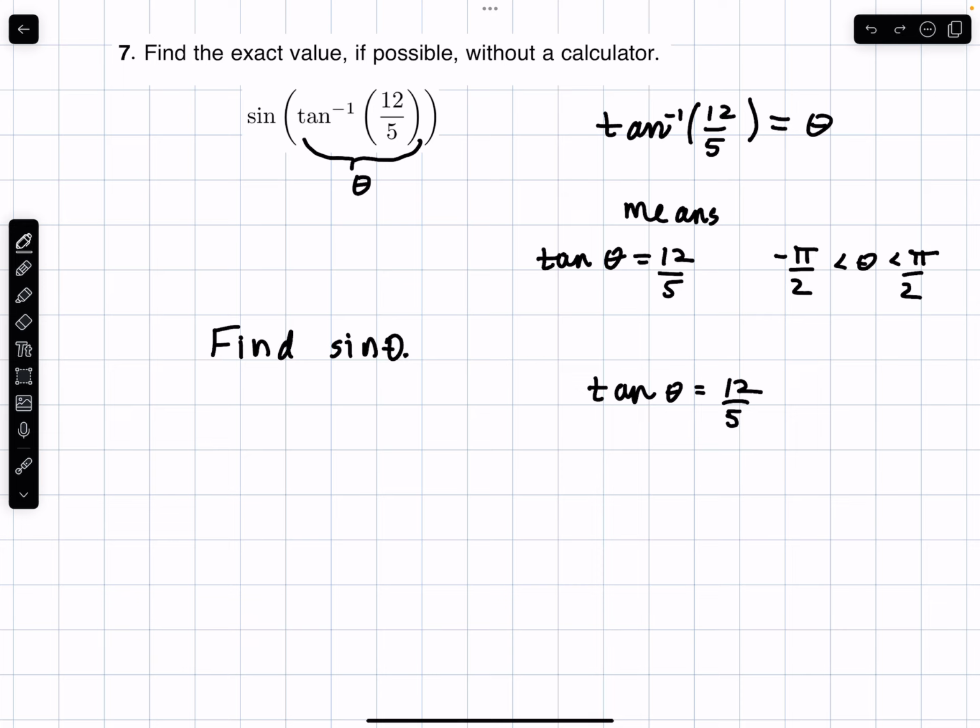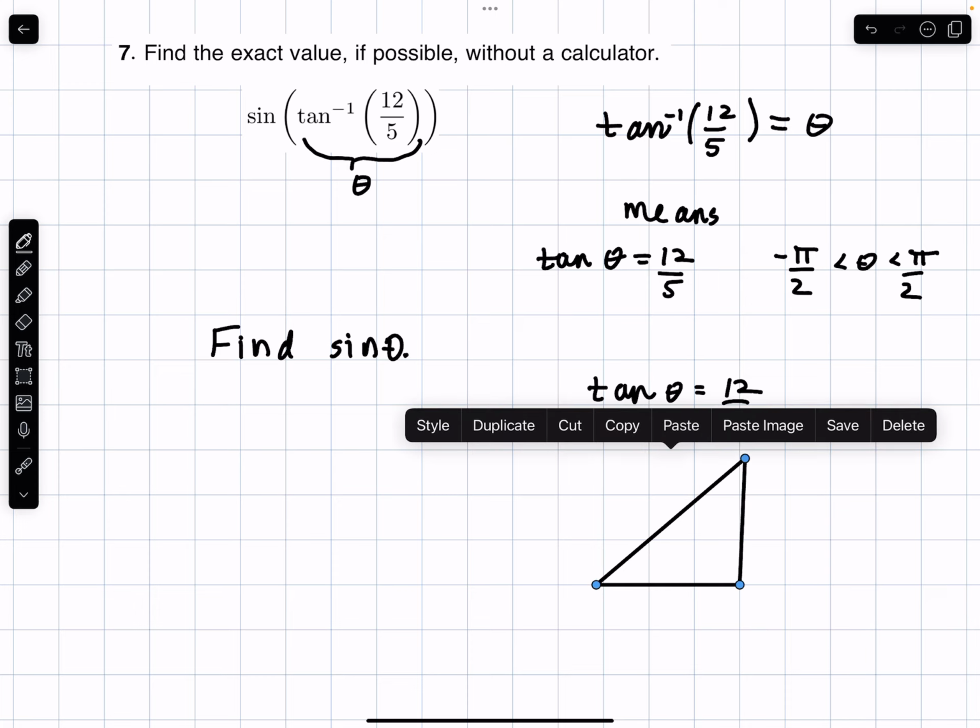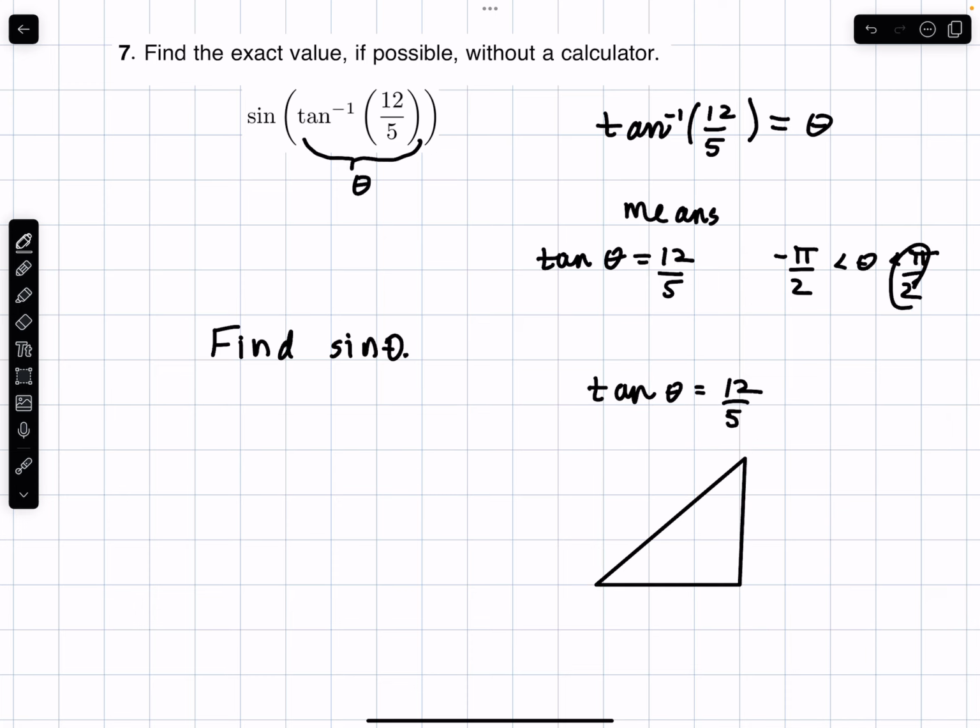In quadrant 1, which is between 0 and pi over 2, the angles are all acute angles, and tangent's positive between 0 and pi over 2. If I were looking between negative pi over 2 and 0, tangent's negative, but this is positive.